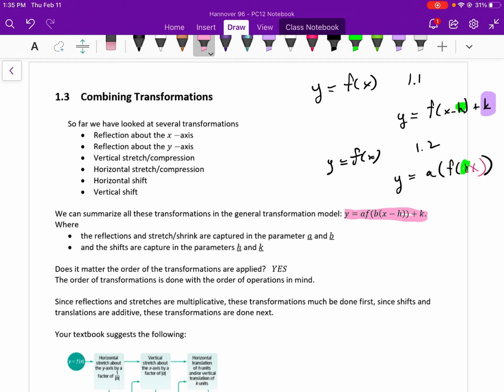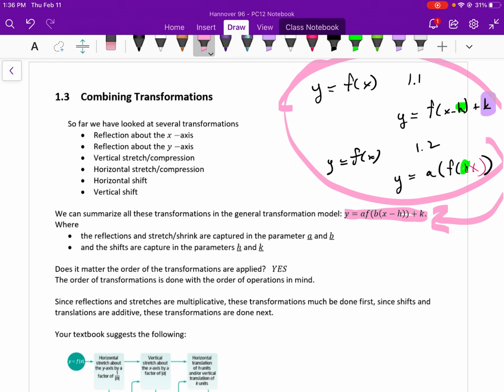Now, we could write a really crazy function with the parameters a, b, h, and k, and we're able to transform it. So we're going to wrap all of these shifts, stretches, and reflections up and put them into one go, the general transformation model.